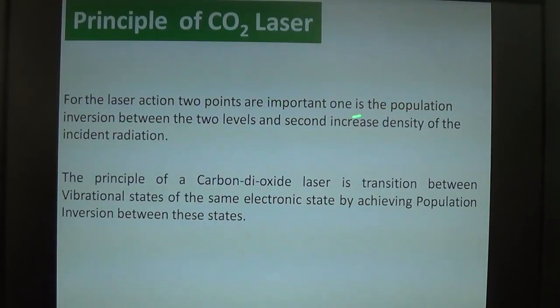The principle of a carbon dioxide laser is transition between vibrational states of the same electronic state by achieving population inversion between these states.